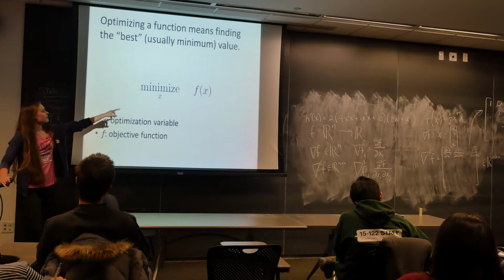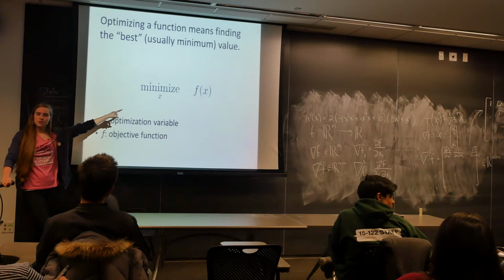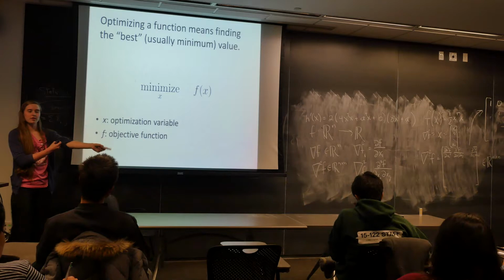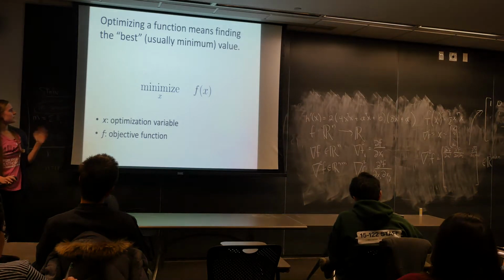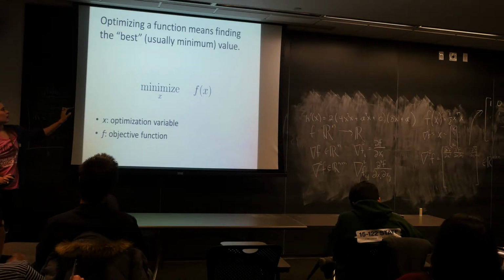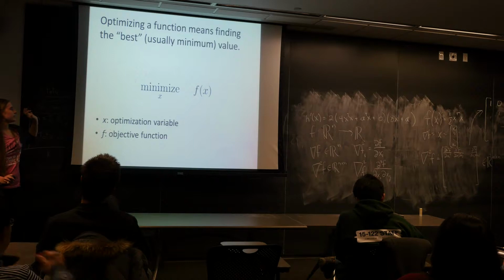You can vary the argument to this function, and you want to find the value where that function achieves its optimum. Sometimes, and this came up when you were looking for your maximum likelihood estimation, you would be looking for an argmax or argmin.